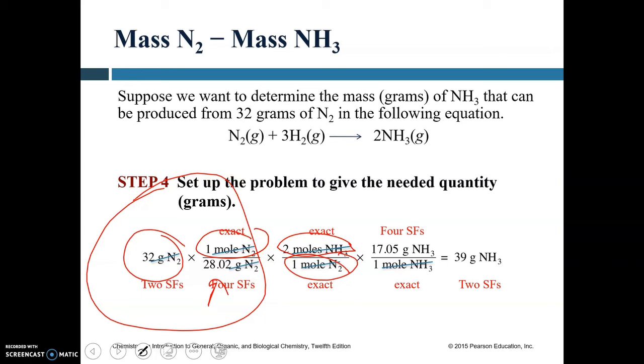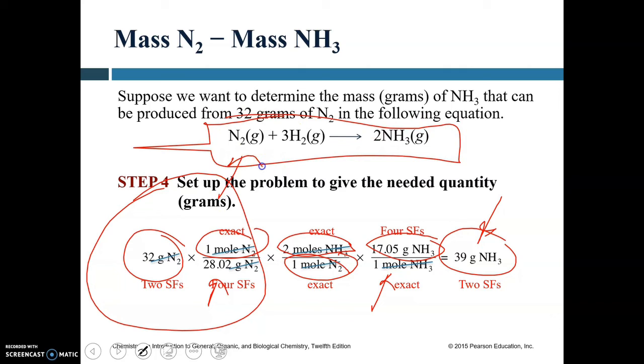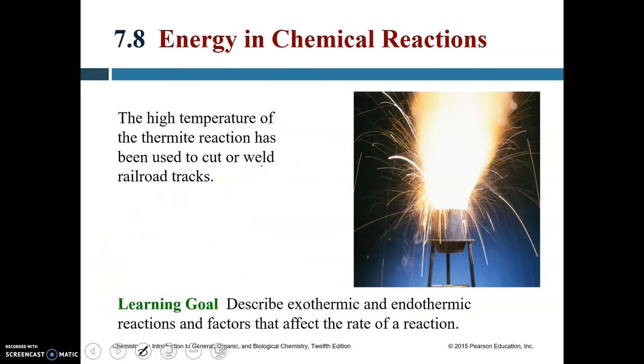And then we multiply it by the grams of ammonia per 1 mole of ammonia. You can do it in one equation or you can do separate steps, it doesn't matter. But here you've got your mass of ammonia that will be produced following this reaction where 32 grams of nitrogen participate.